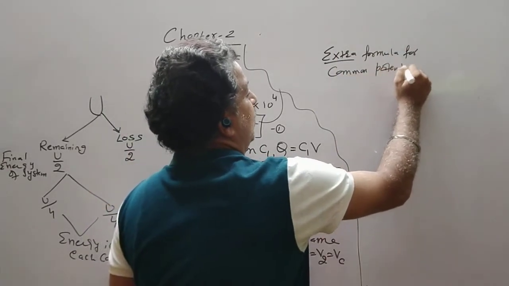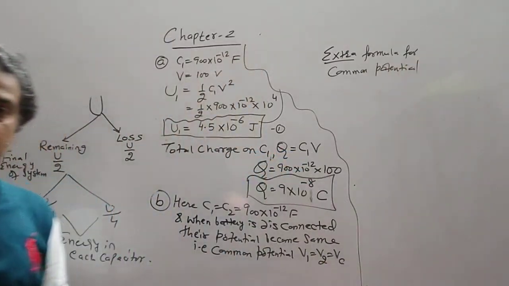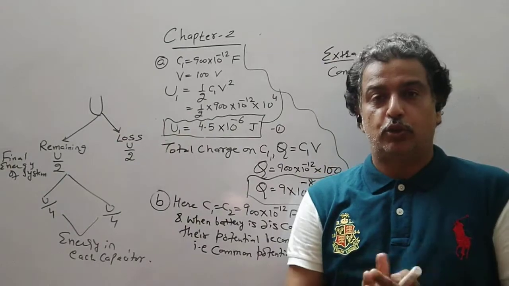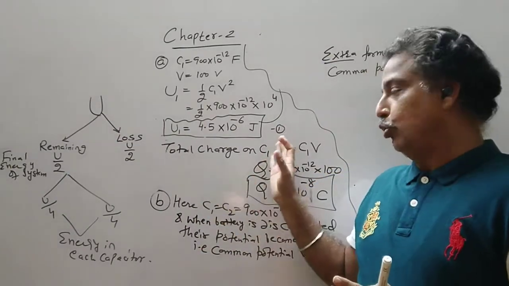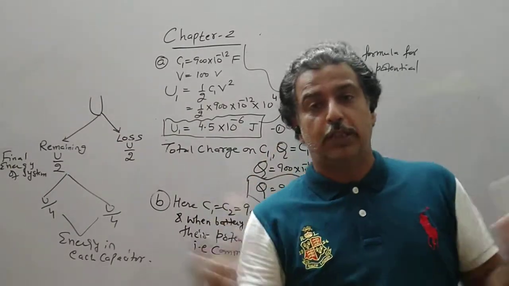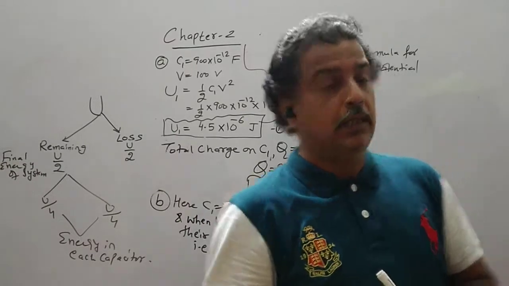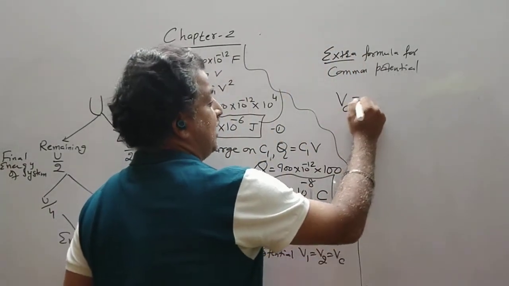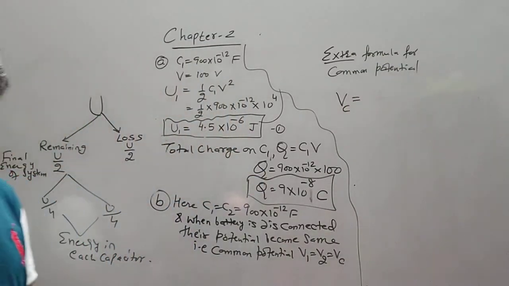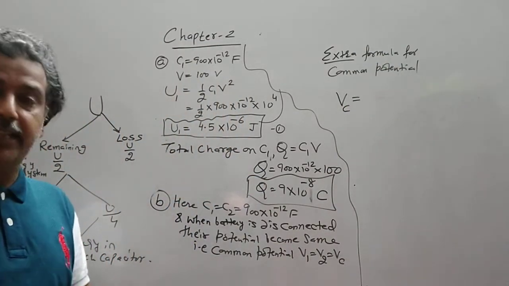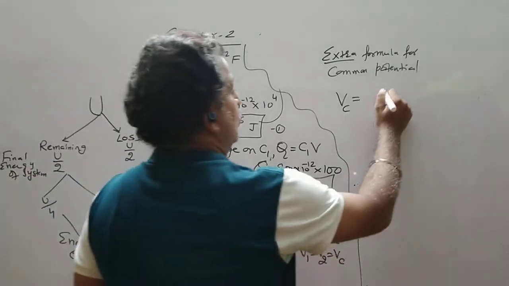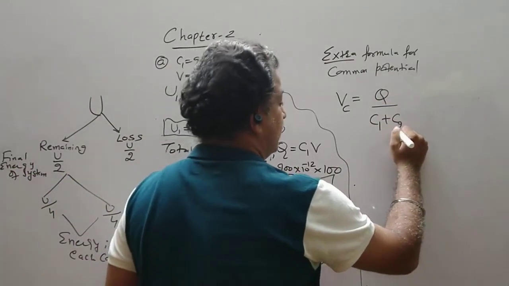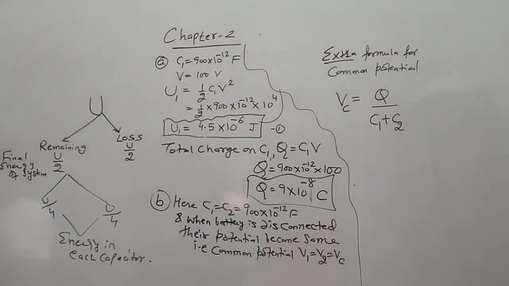See, charge can neither be created nor destroyed. So total charge was Q. After connection also the total should remain Q. Now let the common potential be Vc. In the end Vc is equal to total charge divided by total capacitance, that is C1 plus C2.